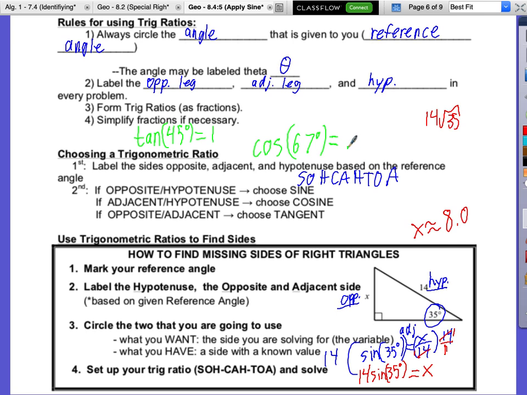Did anybody not get that? I got 0.39073111. They got that. Okay, cool. Did anybody not get this? Rounded to 4 decimal places, cosine of 67 degrees. Faith, did you get that? Yeah. Okay. 0.3907.